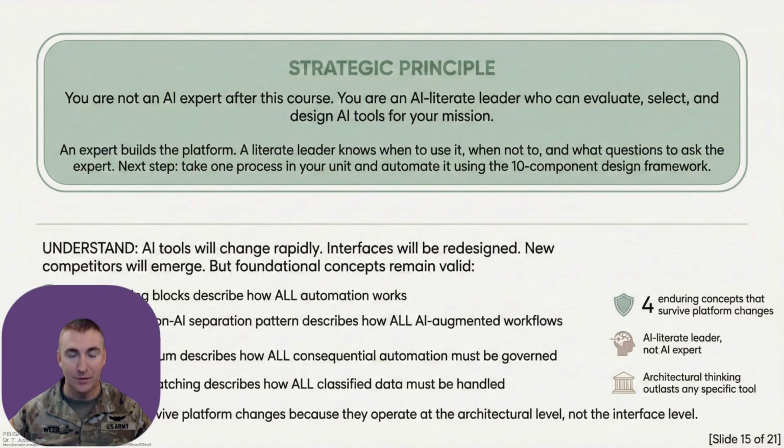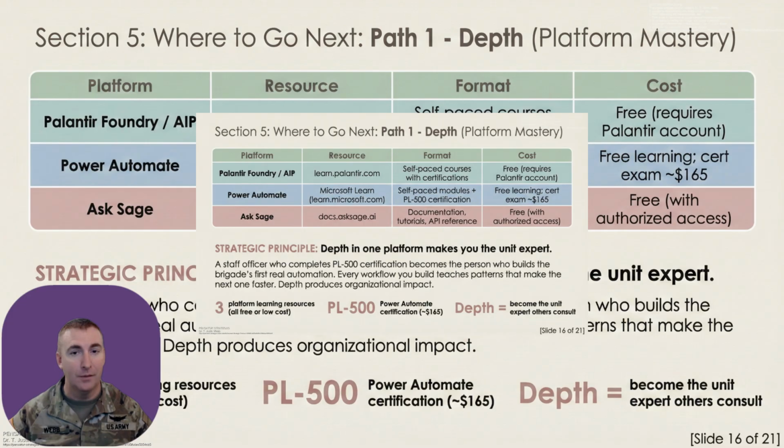So what do you do with that thinking starting tomorrow? 3 paths forward. Path 1 is depth. Become the unit expert on one platform. Palantir has free self-paced courses at learn.palantir.com. Power Automate has free modules at learn.microsoft.com, plus the PL500 certification for about $165.